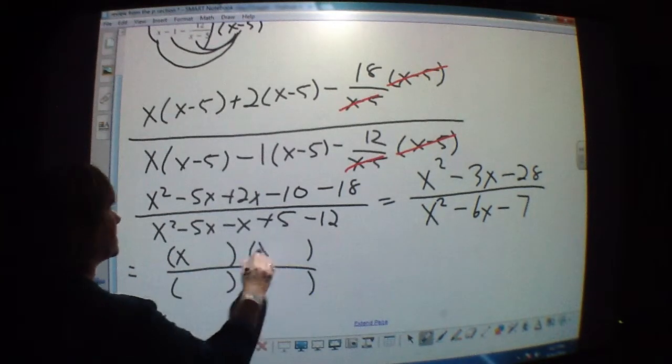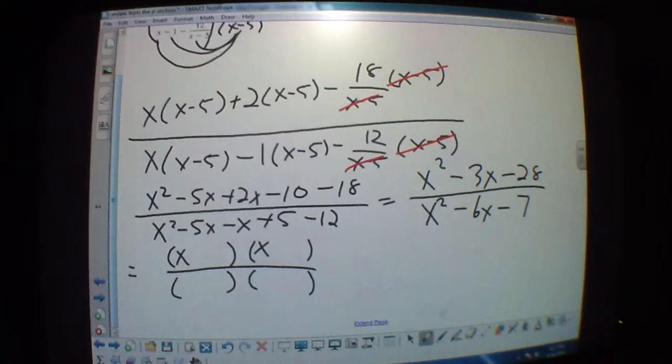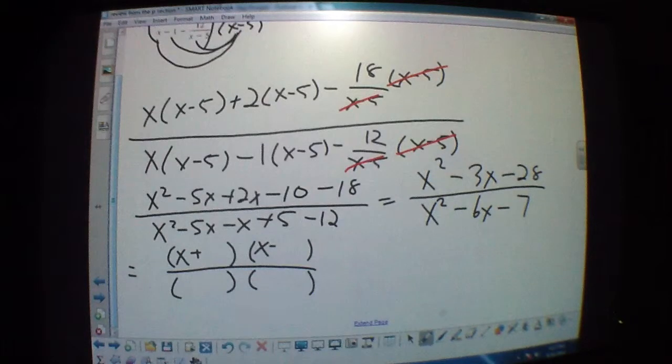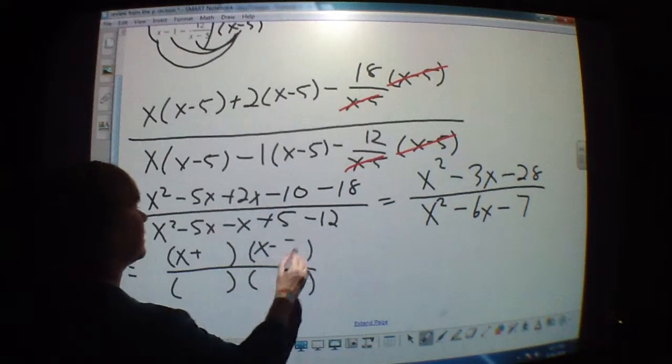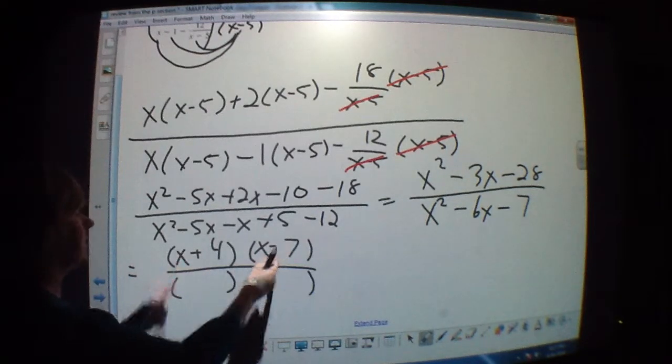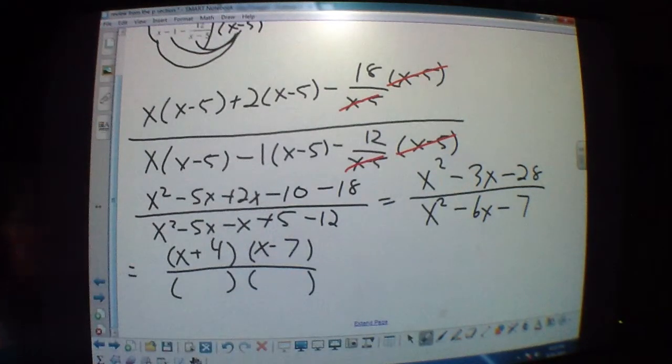I know this is an x and this is an x. I know one will be plus if it can factor and one will be a negative. So is it 1 and 28, 2 and 14, 4 and 7? And it looks like 4 and 7 might work. 4x minus 7x is negative 3x.